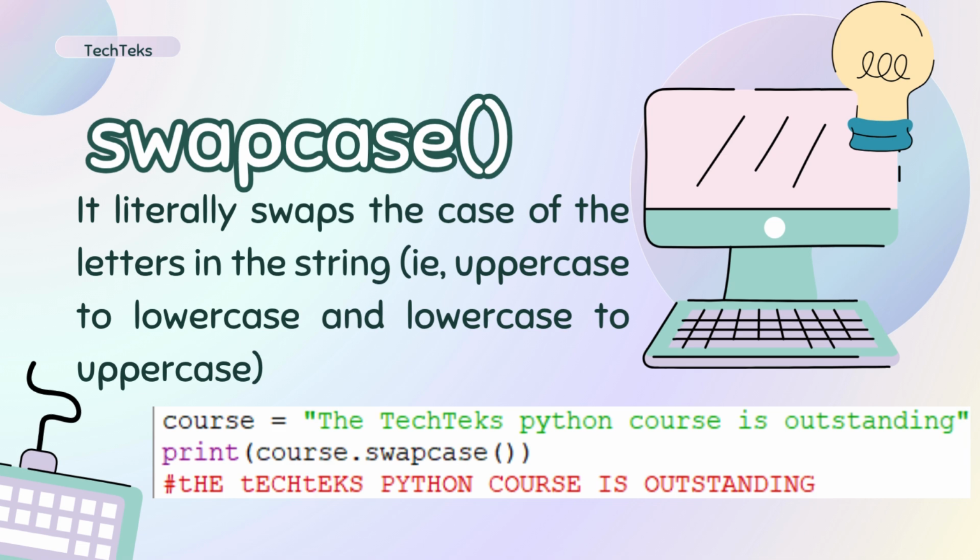So when we put print course.swapcase, and don't forget the parentheses, it swaps the capital letters in there, like the capital T in Techteks, to lowercase, and it swaps the lowercase letters, like "Python course is outstanding", to uppercase. So it does the opposite to every character.